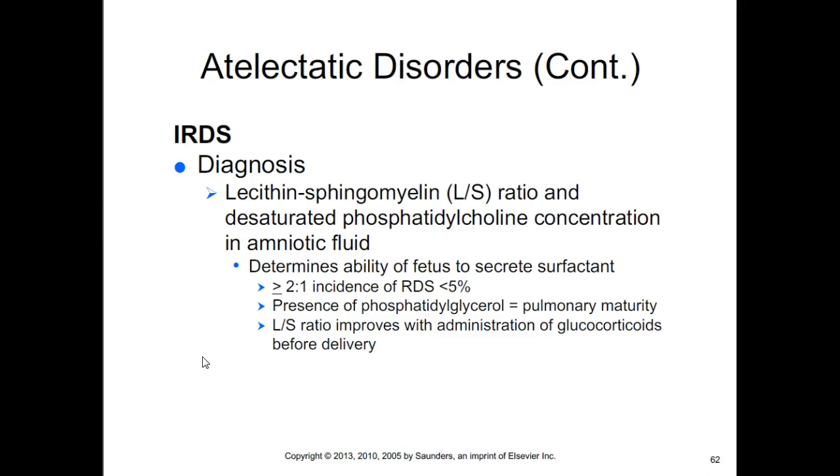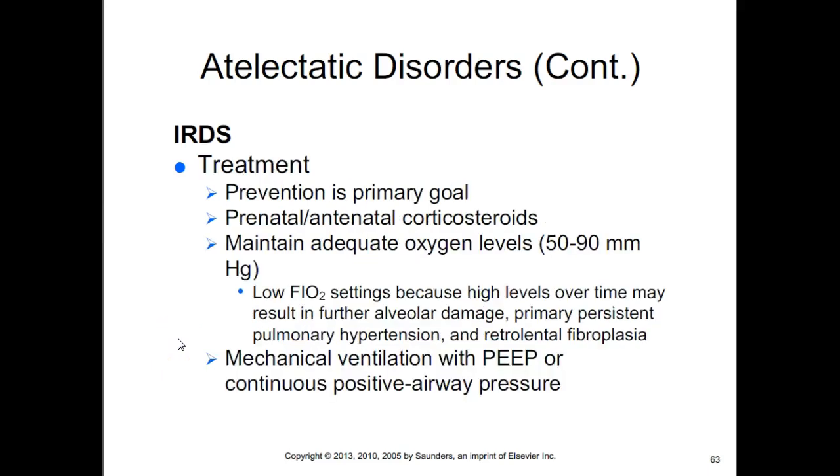So the LS ratio, the lecithin sphingomyelin ratio, can increase with the administration of glucocorticoids before delivery. So if the baby is going to be delivered early, usually glucocorticoids like cortisol or corticosterone are going to be administered. All right, so treatment: prevention is the primary goal, and if not, corticosteroids prenatally or antenatally.